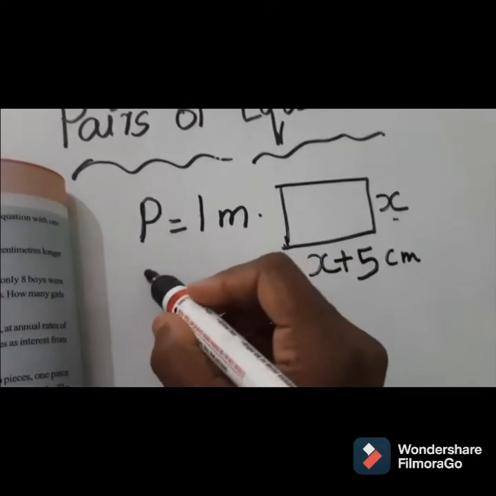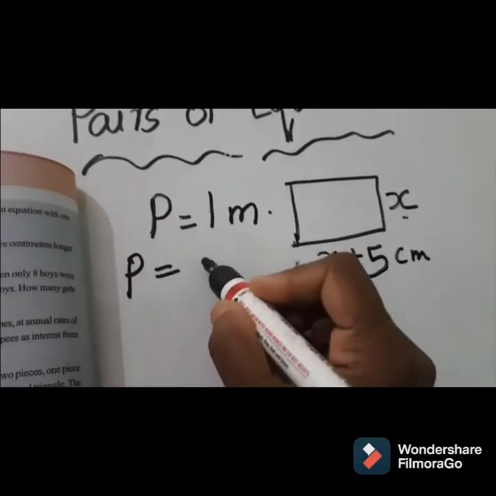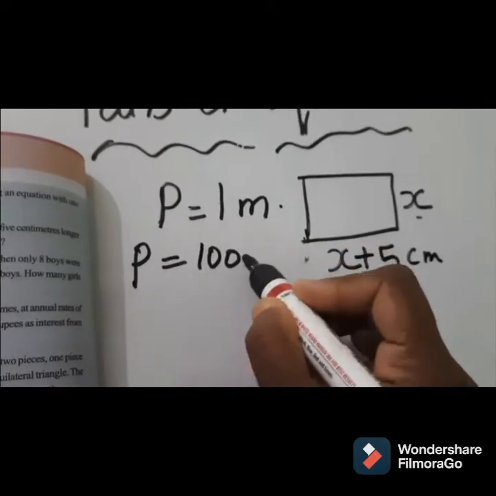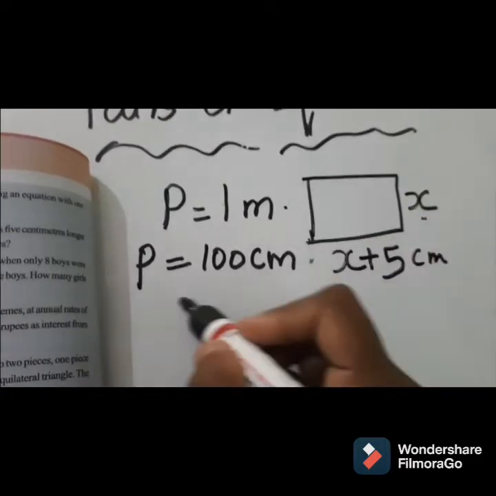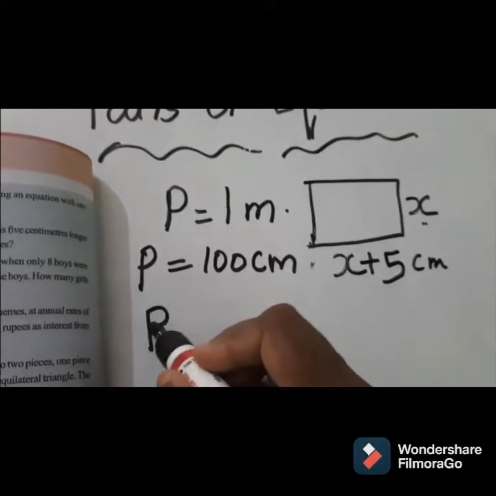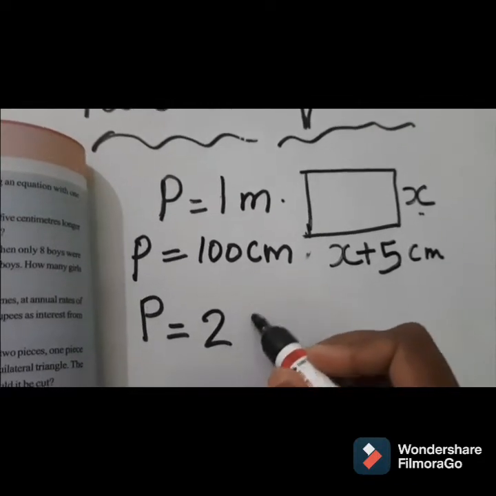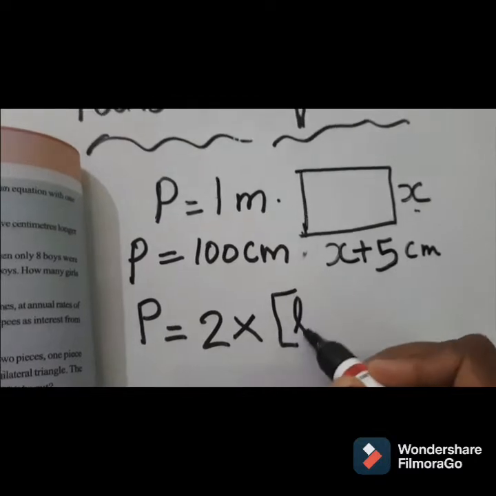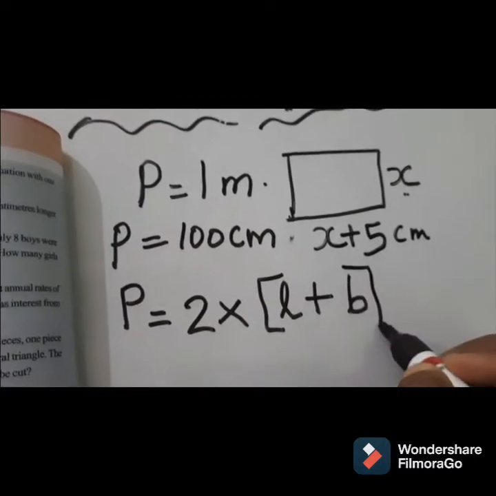So we can convert this perimeter into centimeters. 1 meter is 100 centimeters. Now, we know the formula for the perimeter of a rectangle is 2 into (L plus B), where L is the length and B is the breadth.